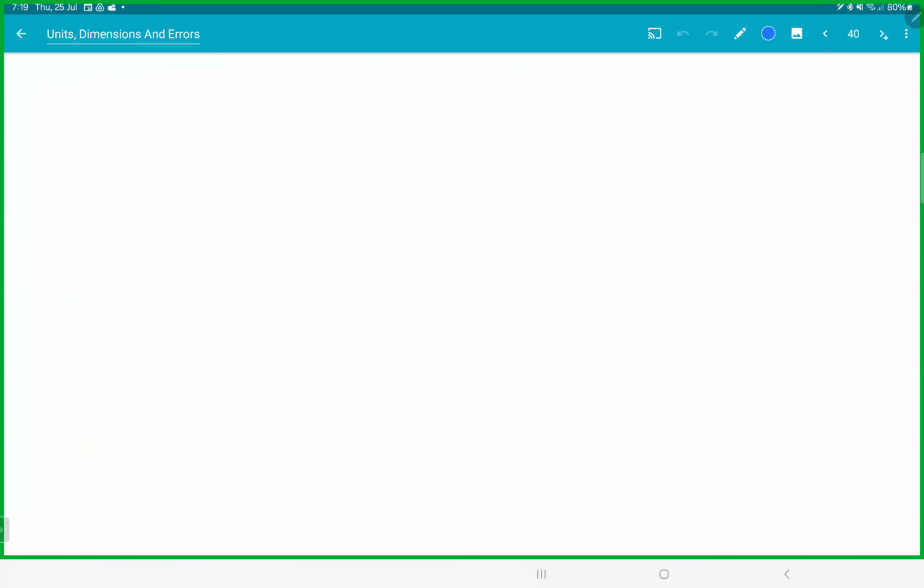So this is how you normally report anything. Let's say someone asks you to find length. We say length L is equal to L plus or minus delta L. So this delta L is your error. Example, let's say length is 10.0 centimeter plus or minus 0.1 centimeter.